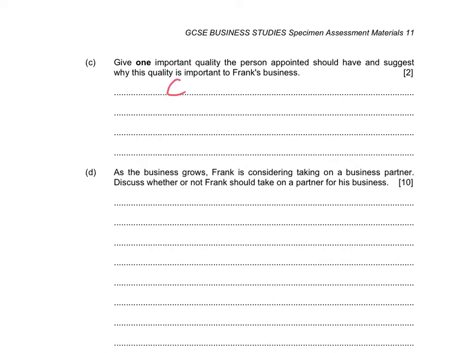If you said good communication skills, and said it's really important because they're dealing with customers, and the reputation might go down if they're not good with customers, that'd be fine. You can say they've got to be good with maths because they deal with money. If you can't get 2 marks for that, I don't even know what to say to you. What would really scare me is if you just gave one and then you didn't say why it was important. That would just be such a waste of a mark.